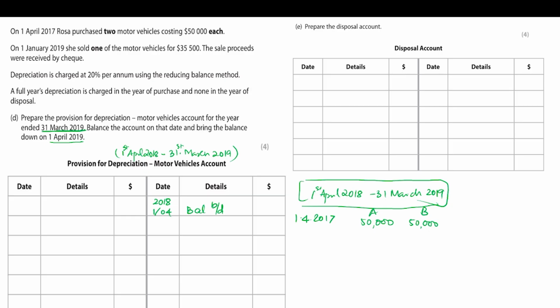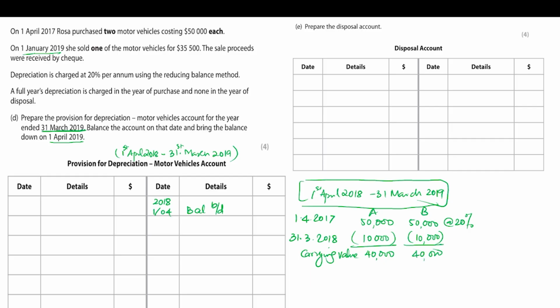That means we have to charge depreciation till 31st March 2018, at the rate of 20% reducing balance method. So 20% of this is 10,000 depreciation, and this also 10,000. Because this is sold on 1st January, that means next year. So my carrying value is 40,000, and here also is 40,000.